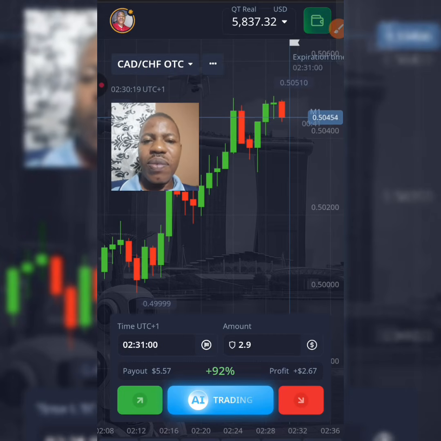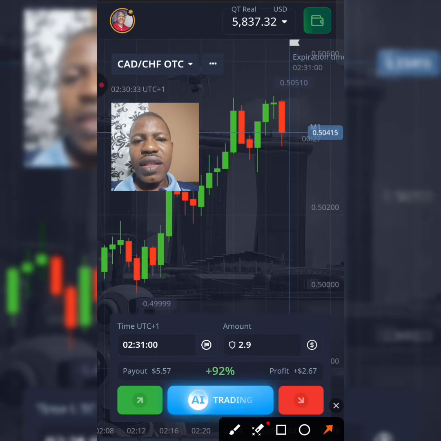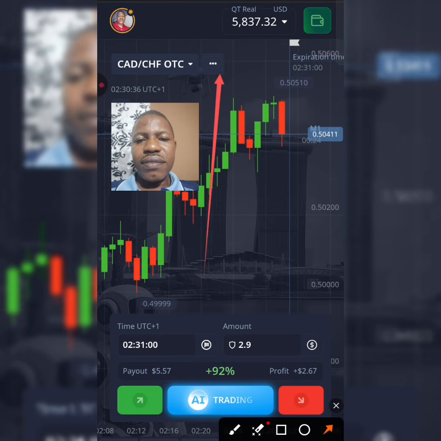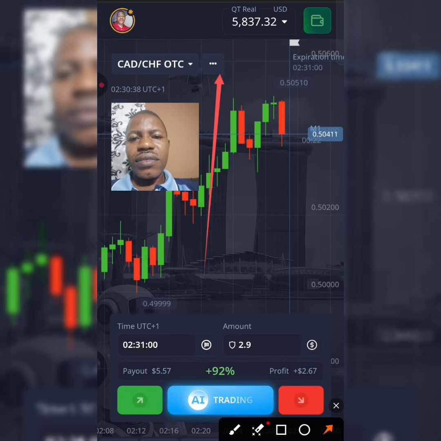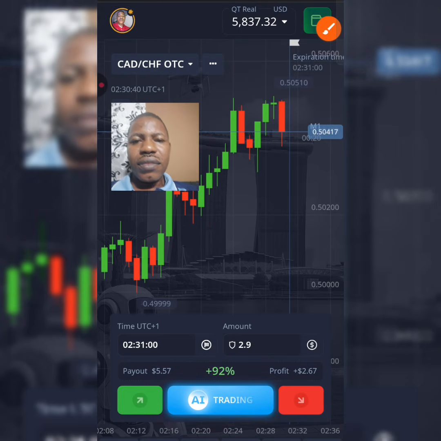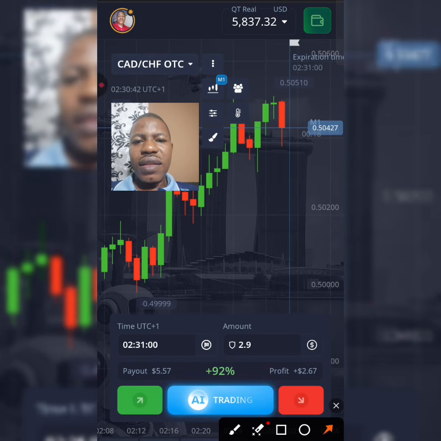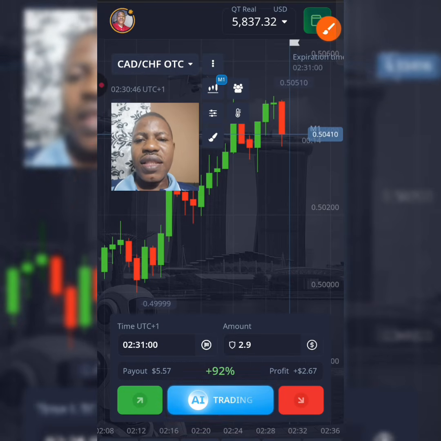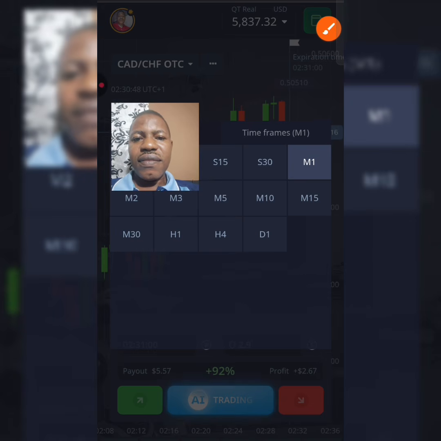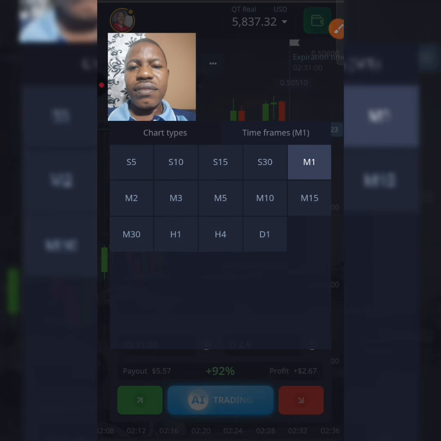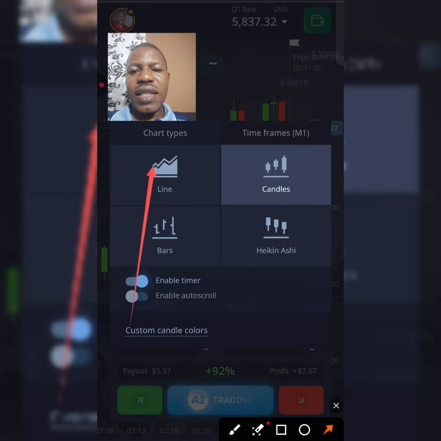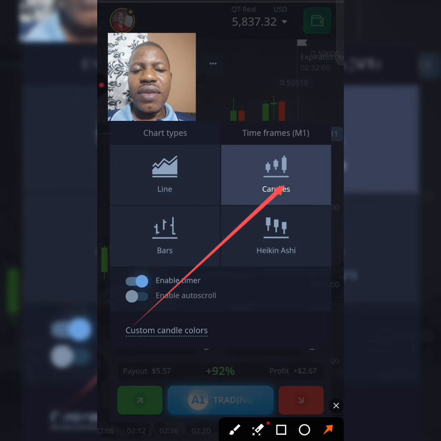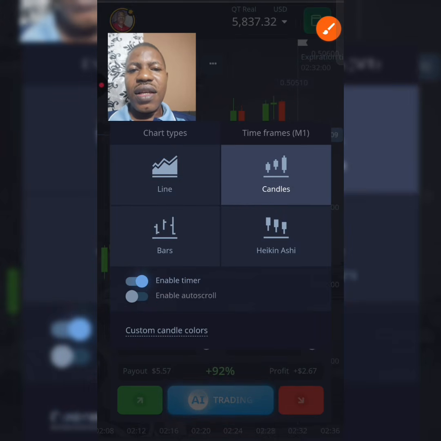Okay, let me add them up. The first thing we shall be doing right now is to go to this place. And then come here, make sure you are selecting candlestick. On the chart type, make sure you're using candles. We're using the regular candles.